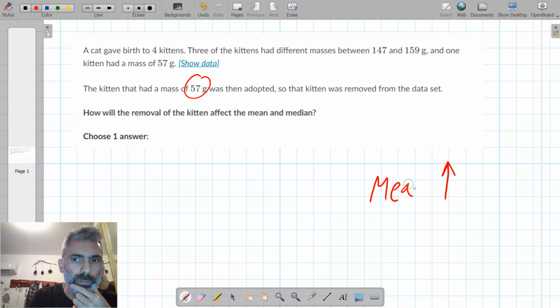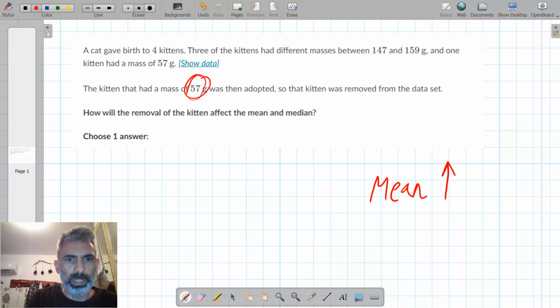So the mean will definitely increase, because when we take into consideration 57 grams as a part of the data set and it's lower than the masses of the other kittens, it means that the mean will go up.